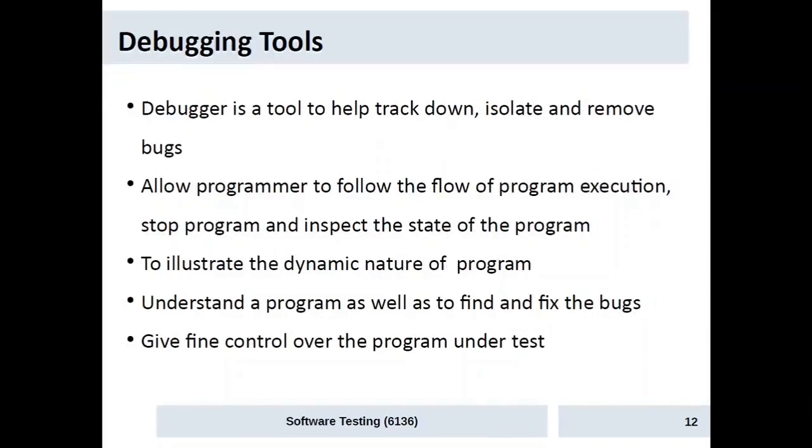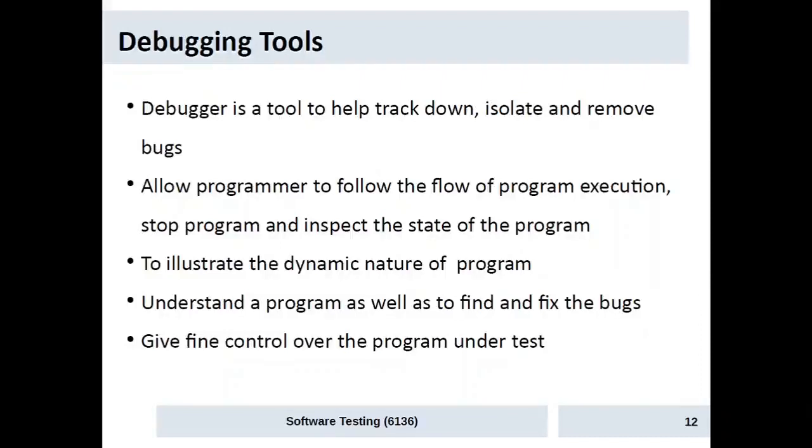In order to speed up the process of debugging, we can take the help of debugging tools. So a debugger is a tool to help track down, isolate and remove bugs from the software program. It helps the individual who is performing the debugging in certain ways, like what we have discussed in the breakpoints.